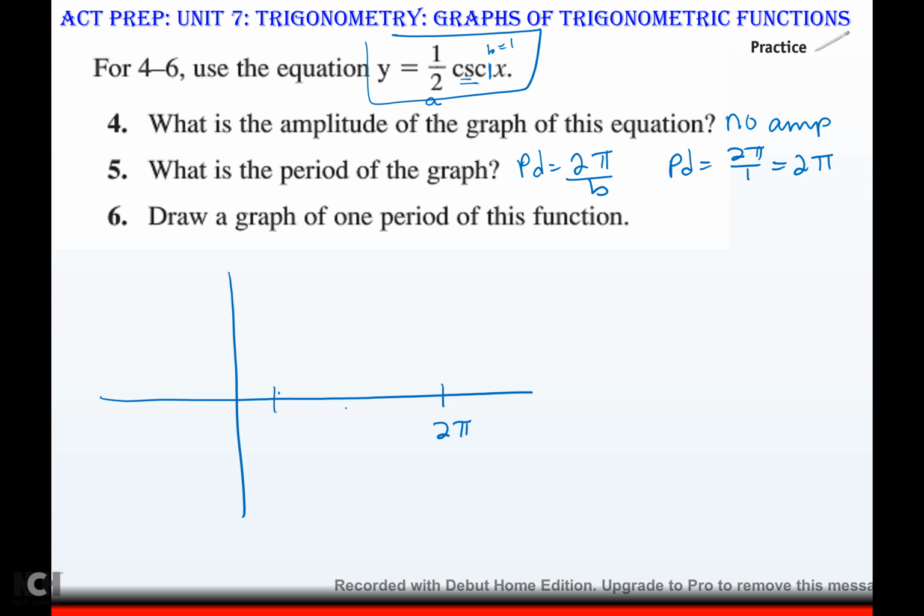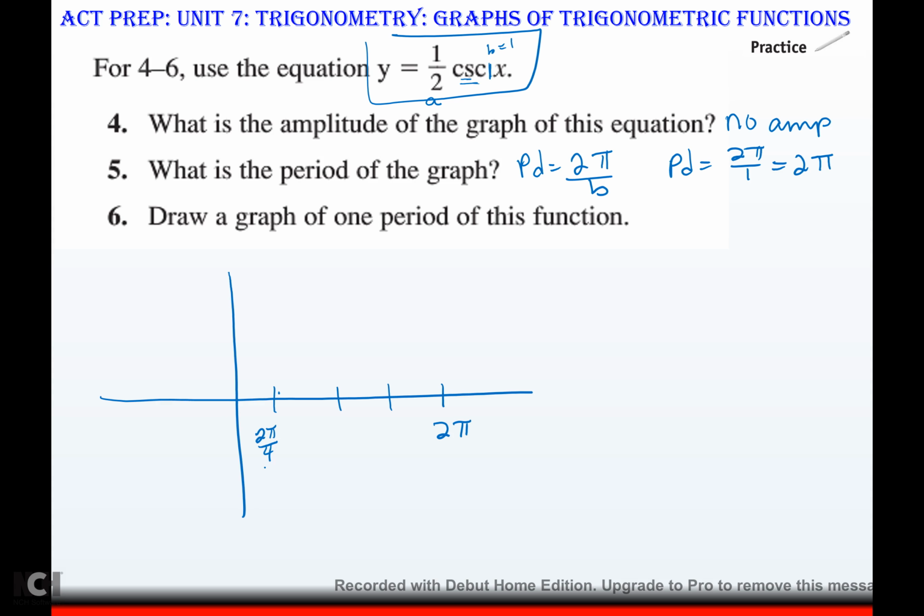So I'm going to do 1, 2, 3, 4. And then you cut this 2 pi into fourths. So this would be 2 pi over 4, which would just be pi over 2, but sometimes it's easier for people to take the end and cut it into fourths, so it's 2 pi over 4, right?